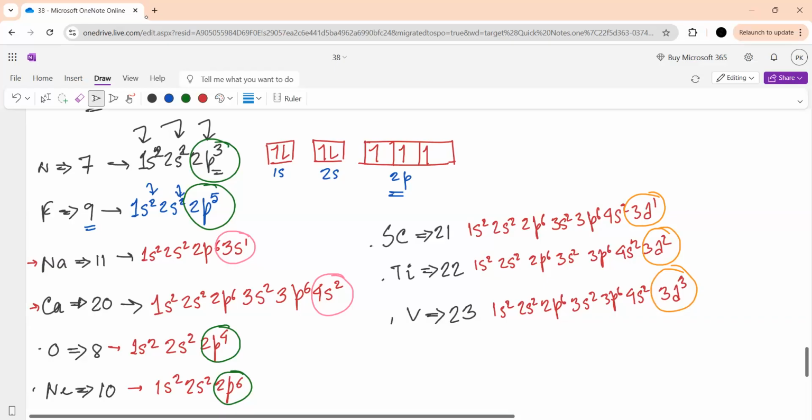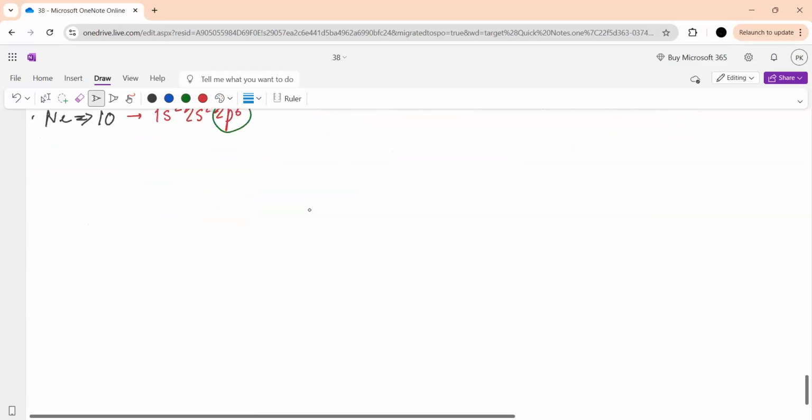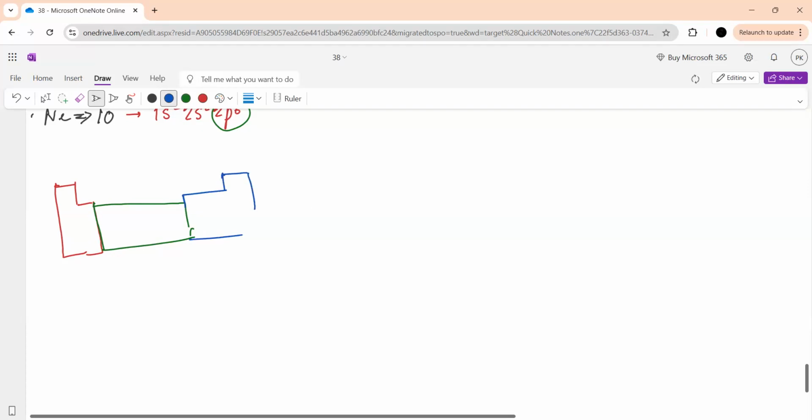Depending upon these, we divided our periodic table into parts. If you look at your periodic table, you will see there's a part like this, then after this we have a part like this, and after this another part like this.